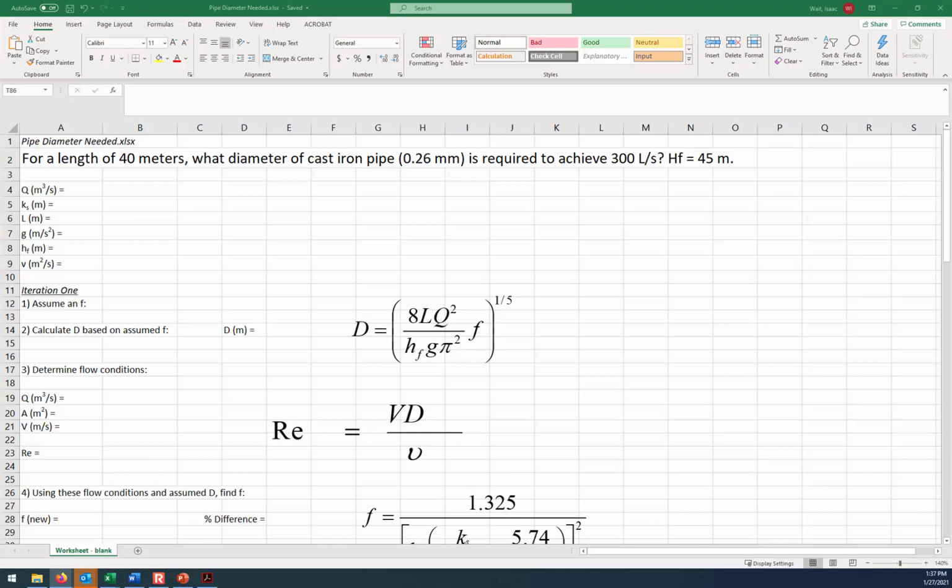Oh, I just remembered. It'll only allow me to share image, PowerPoint, and PDF files. Well, let's just see if maybe it'll let me. Pipe diameter needed. No, it won't let me share it. Let me do this then. Let me just put it on the course page, so that you could get it there.